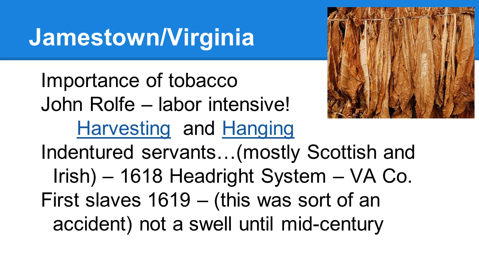And so he ended up trading slaves for food and supplies, and we suddenly get the very first slaves on American soil. Now, it was immediately obvious that these slaves were healthier than any of the natives that they had been trying to enslave in Jamestown, and they were much more agreeable than the Scottish and the Irish were as indentured servants.